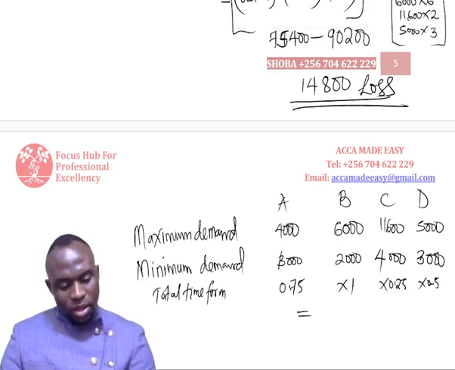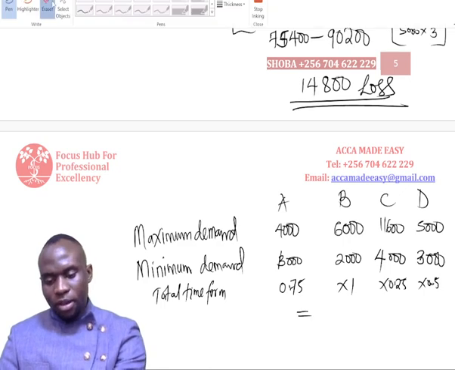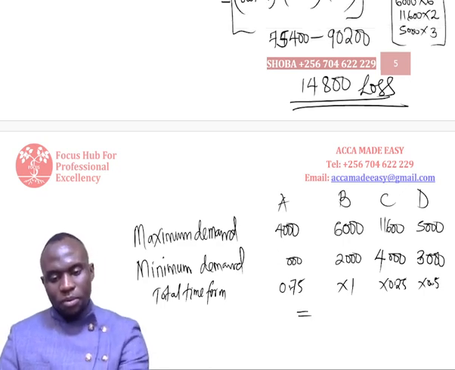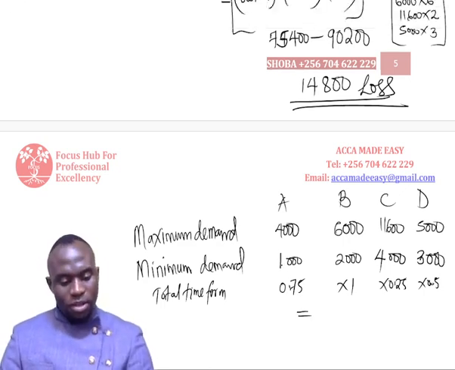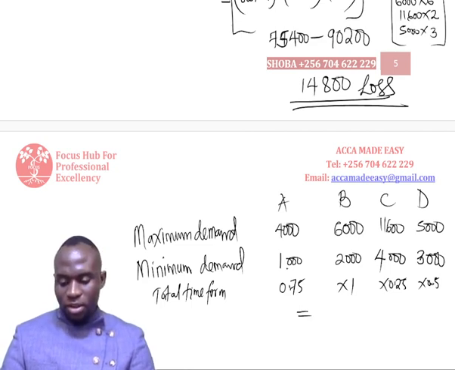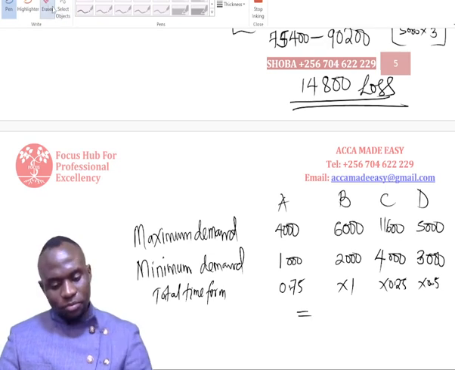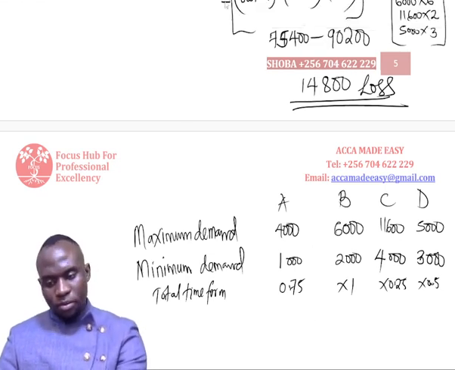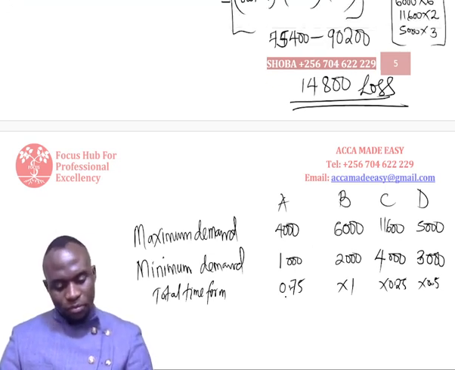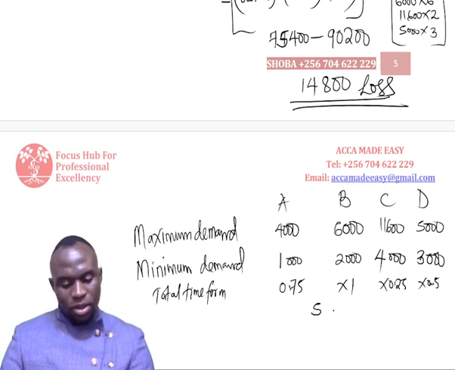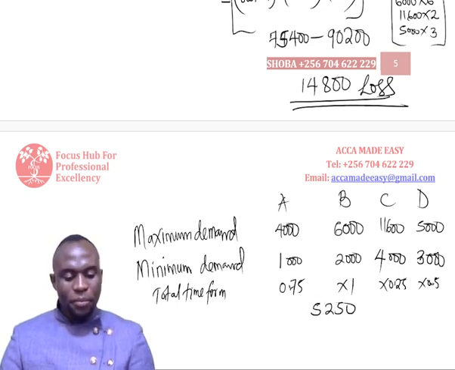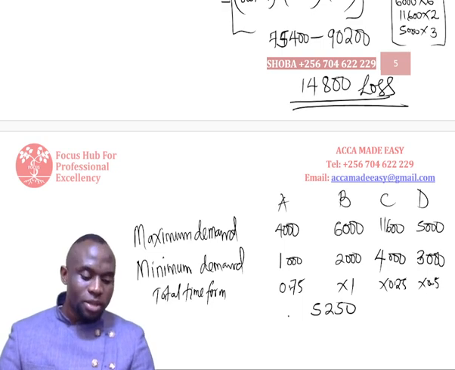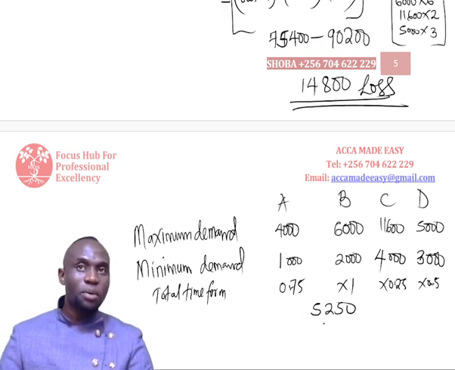So maybe I can make this 1,000 units. So for product A, the minimum is 1,000. And if it is 1,000, we get a total of 5,250. So minimum demand is already using these hours.